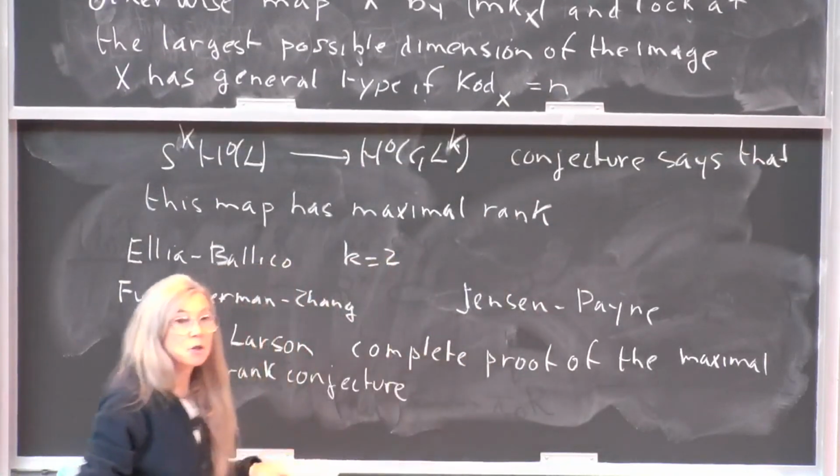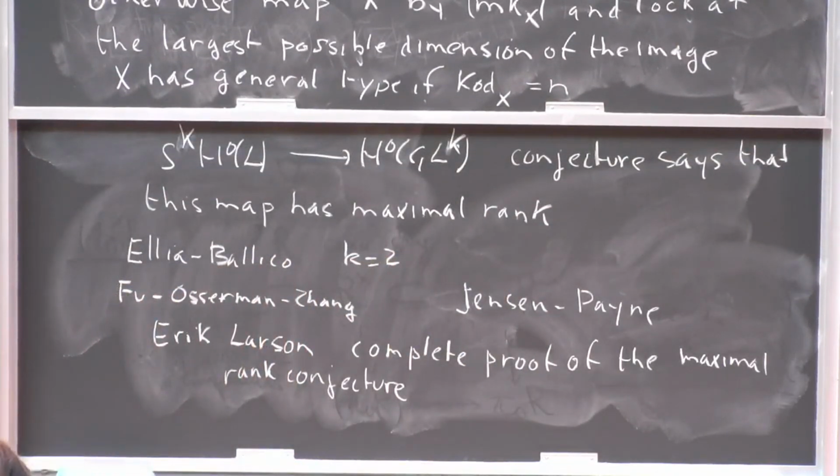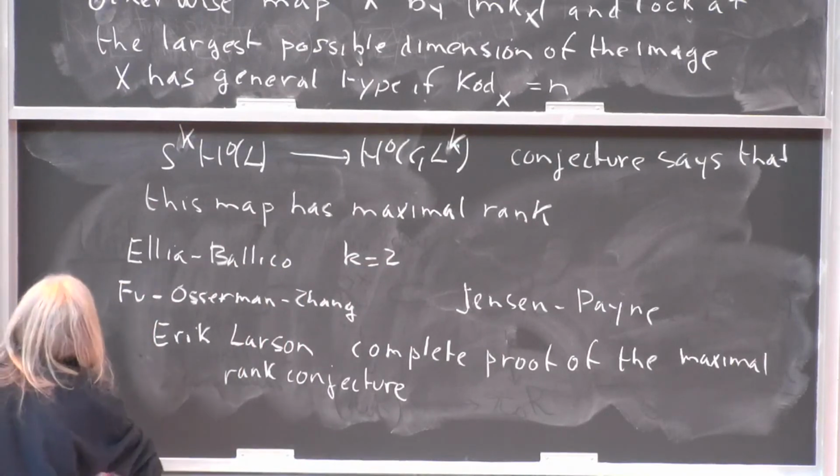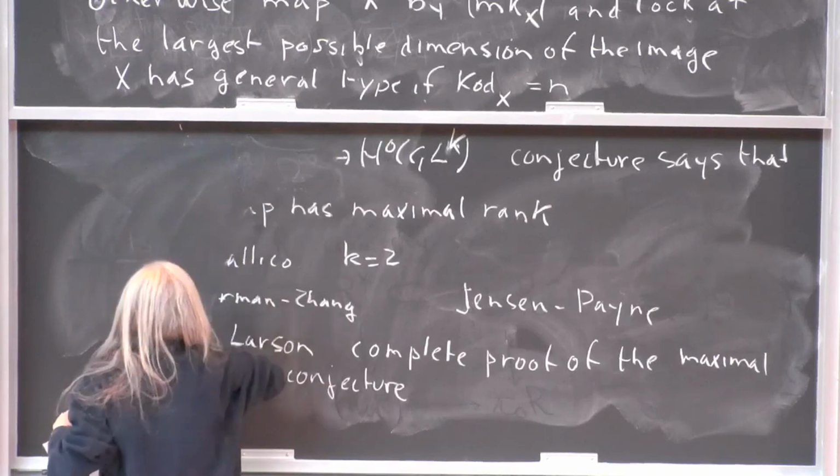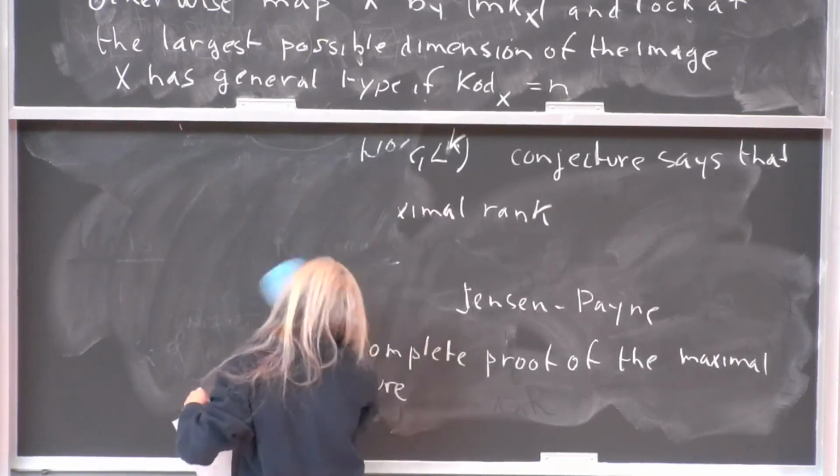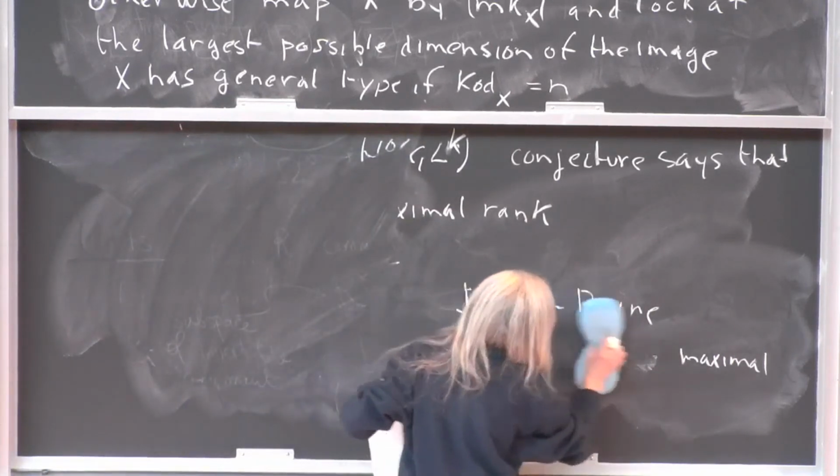And that happens actually for moduli spaces of curves of genus at least 24. That's a result of Harris, Mumford, and also Eisenbud.